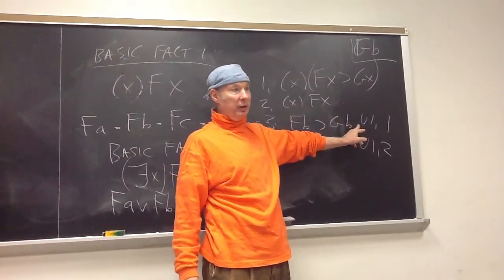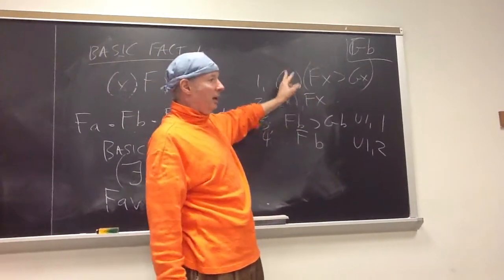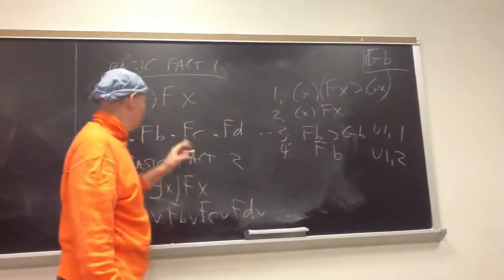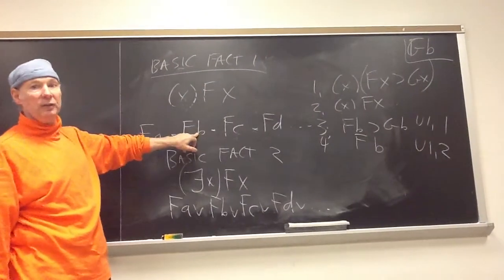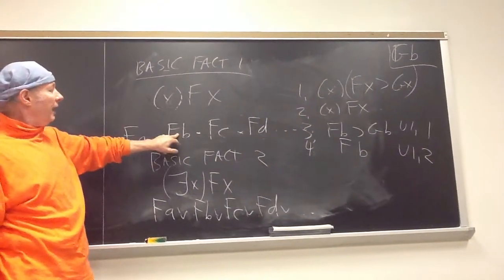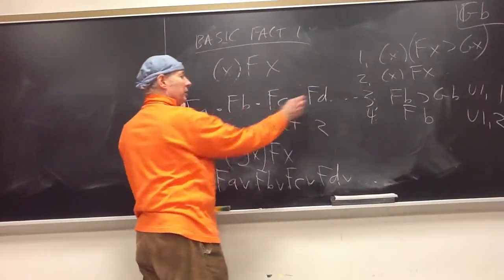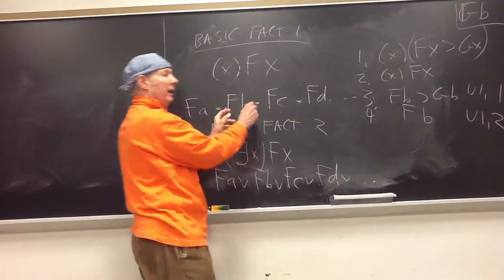That's the inference rule that tells me how I get rid of a universal quantifier. And what justifies it is the fact that that and that are equivalent. Since FB is part of this big conjunction, I can simplify that out.